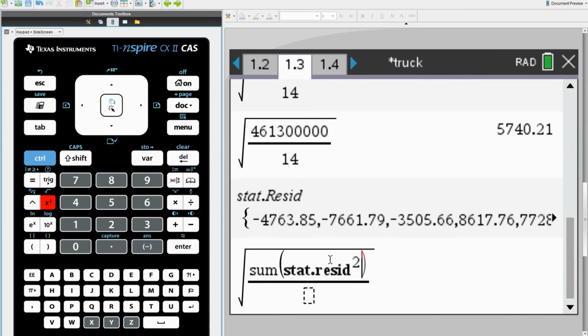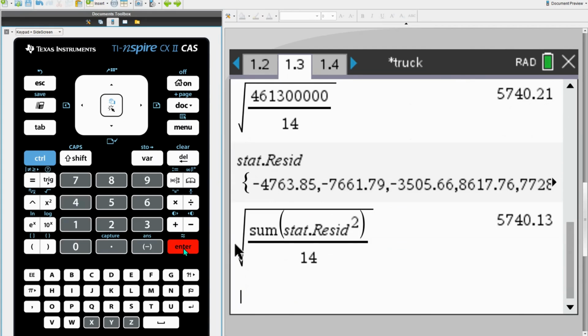And that will square each of the residuals and then add them up. And then we'll divide that again by n minus 2, which in this case is 14. And there we have it. There is our standard deviation of our residuals. Again, a prediction error.